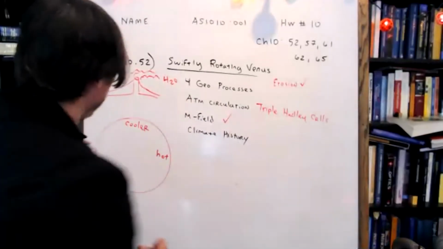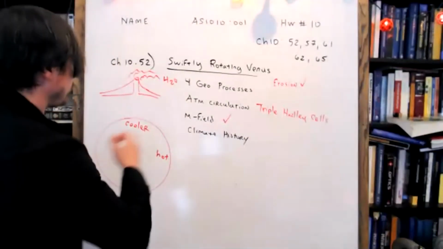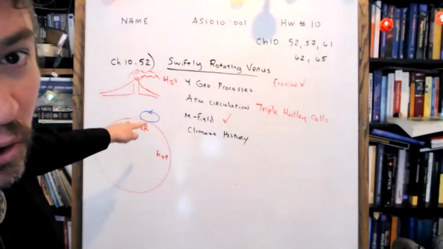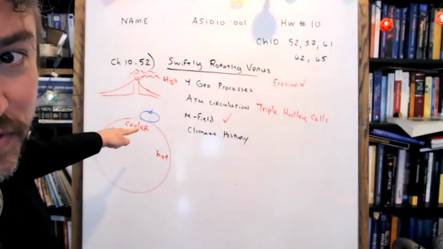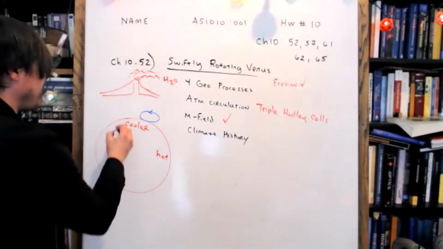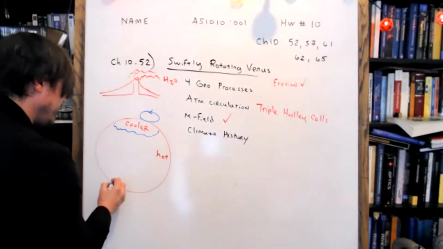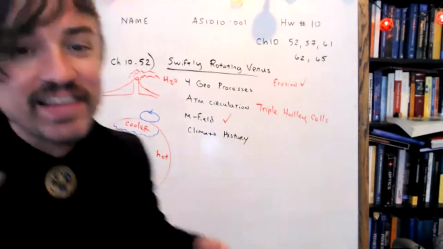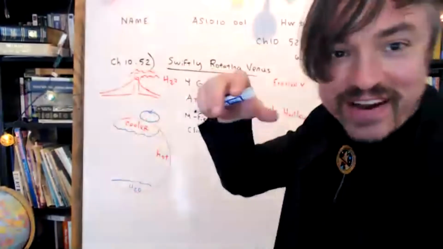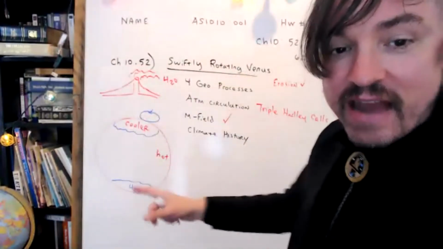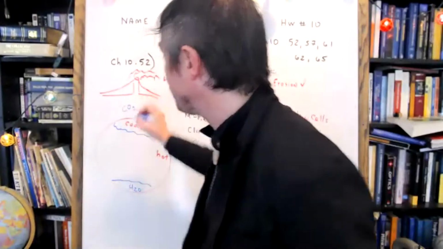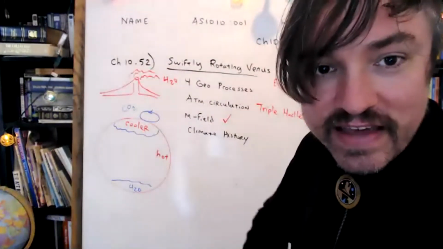Yeah, it probably won't be Earth 2.0, but I could imagine if you could create those triple Hadley cells so that Venus could have a polar region which was cold like Earth's, maybe some of that volcanic outgassing could condense into some liquid. Instead of ice caps, you'd have ocean caps, right?